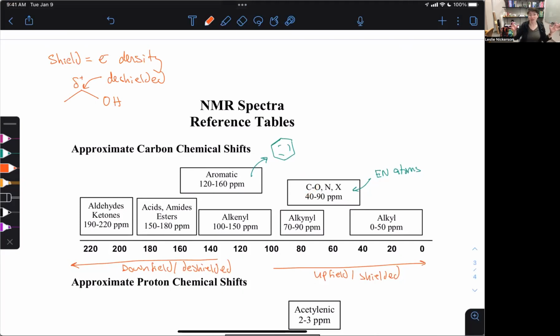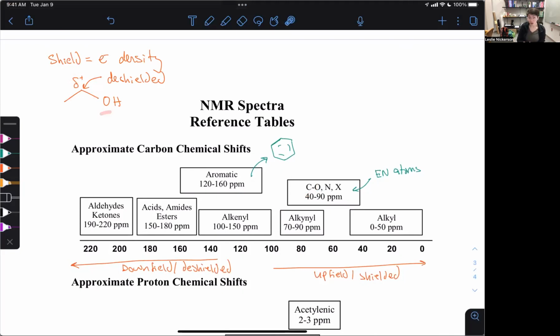If I have a lot of electron density getting taken away, that's going to push me to the left of the whole spectrum. If I have something giving me electron density, we're pushed more to the right, and that's going to be more shielded. So things that are delta plus are typically your more deshielded, more downfield protons.